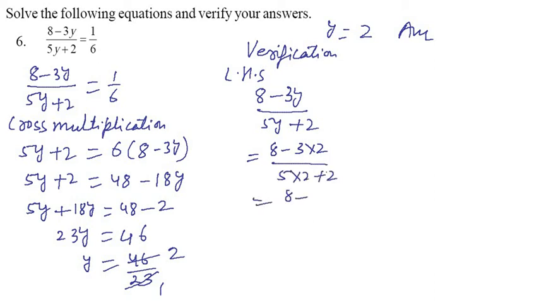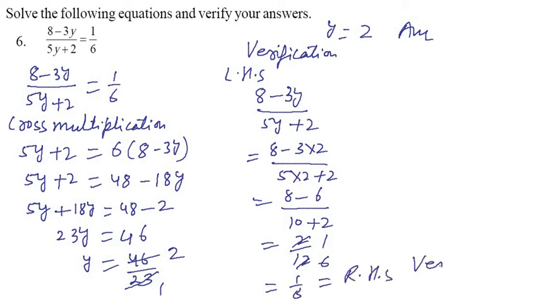So 8 minus, 3 twos are 6, and here 5 twos are 10 and plus 2. So 8 minus 6, that is 2, and 10 plus 2, that is 12. So 2 ones are 2, and 2 sixes are 12. So it becomes 1 by 6, and that is the right hand side of the equation, hence verified.